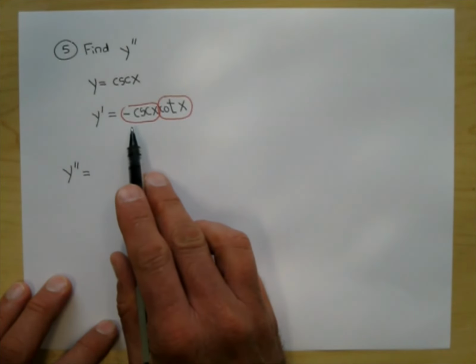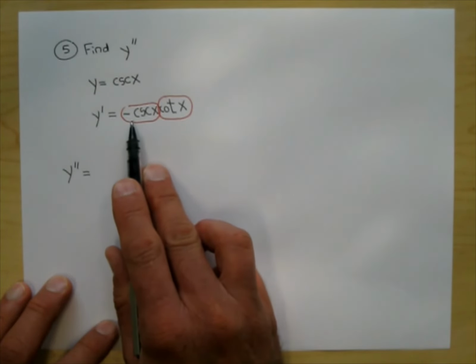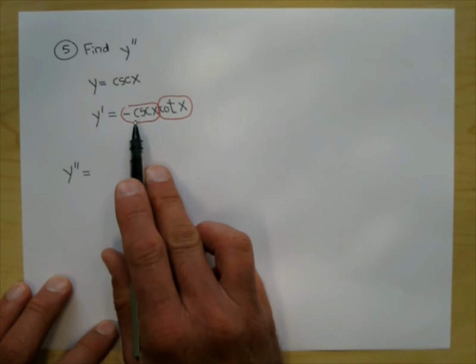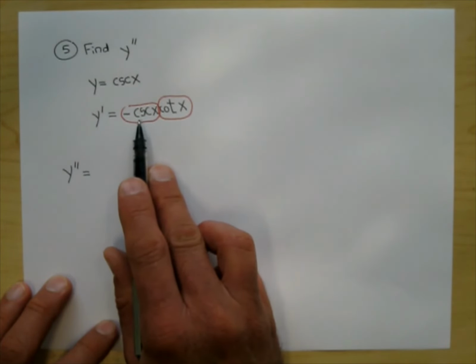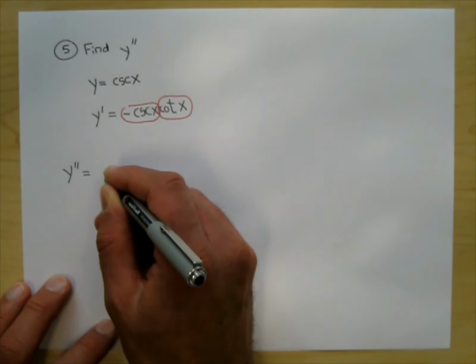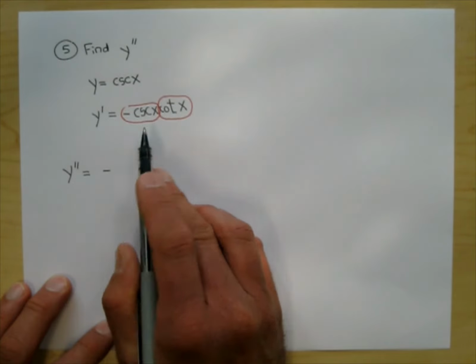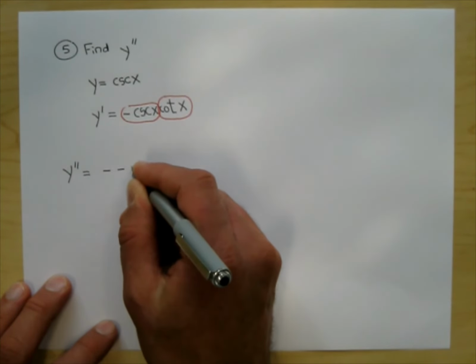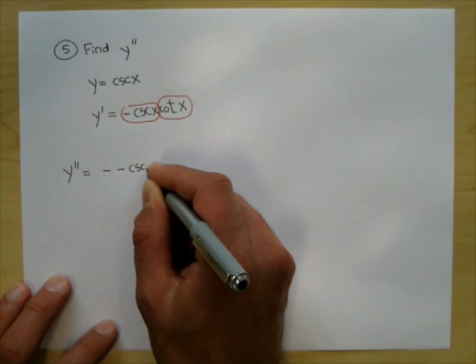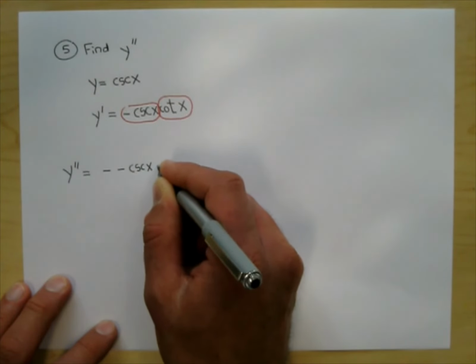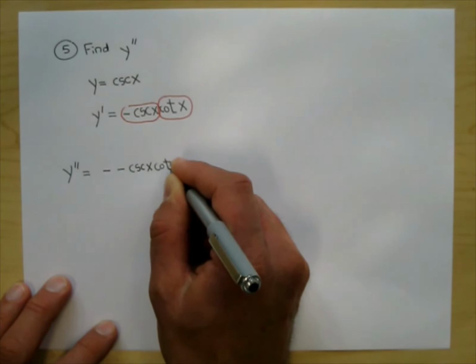Okay, so here is the second derivative. The product rule says, this one has a negative in front of it. So it says the derivative of the first. So the derivative of negative cosecant. So the negative's right there. The derivative of cosecant is negative cosecant x cotangent x.